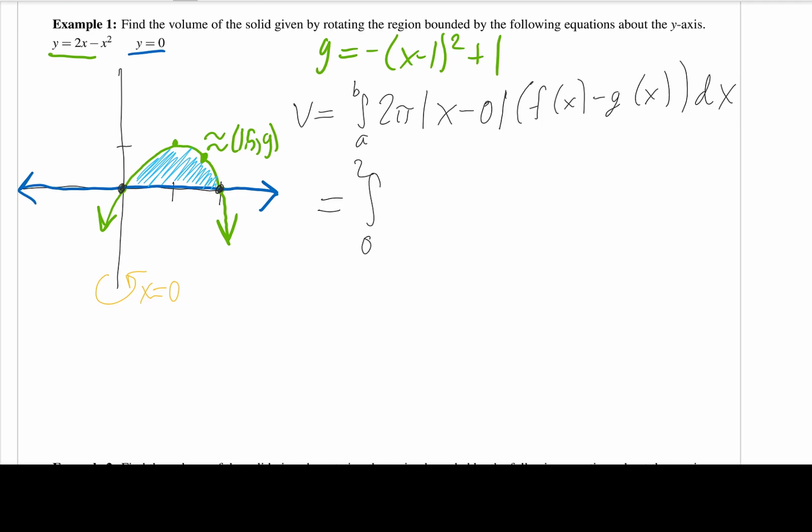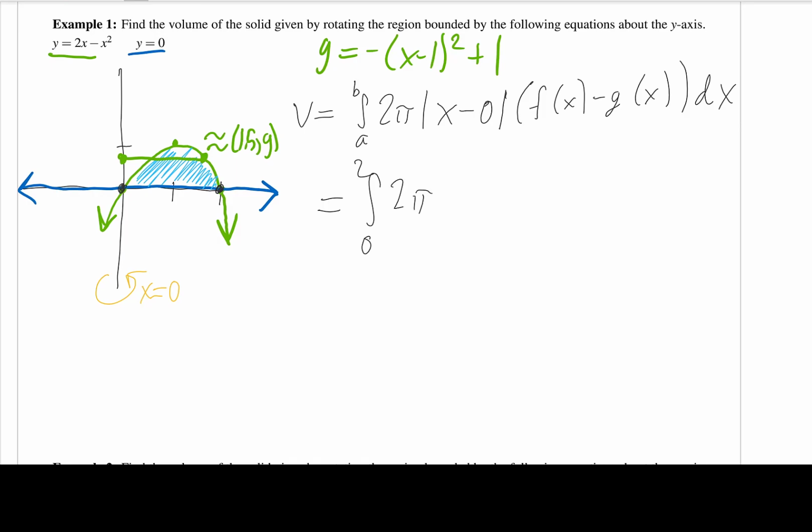And so if I wanted to get its distance from our axis of rotation, if I wanted to get this distance, then what I'm going to do is 1.5 minus 0.